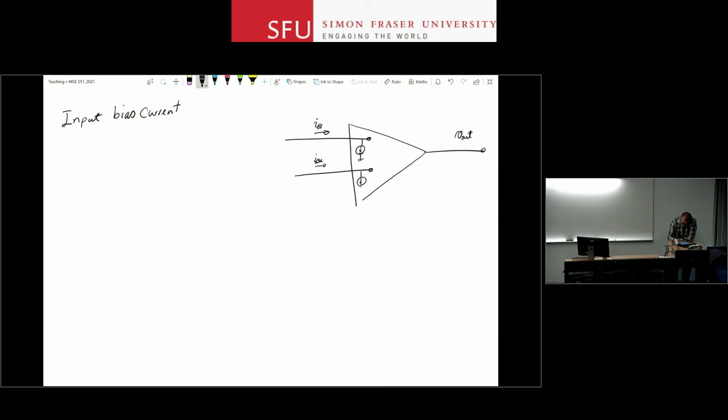The way we model these is as two independent current sources put in parallel with the inputs. And then Vout amplifies the difference. I have two currents, IB1 and IB2, going into the inputs of this op-amp, and I modeled them using two current sources.